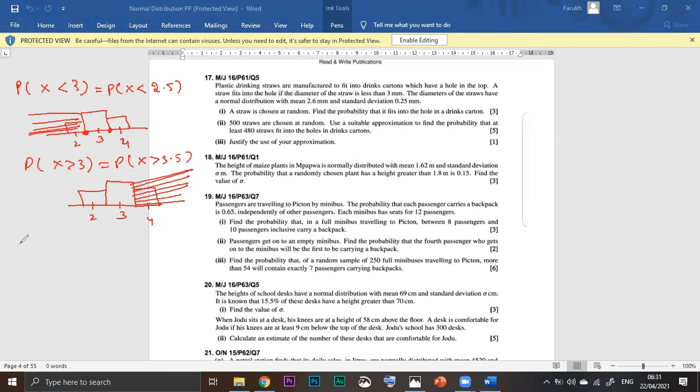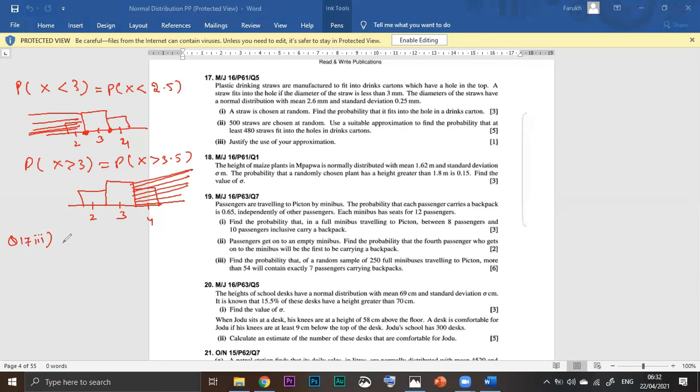Now question number 17, part 3. Justify your answer: why will we use the normal distribution instead of the binomial distribution?